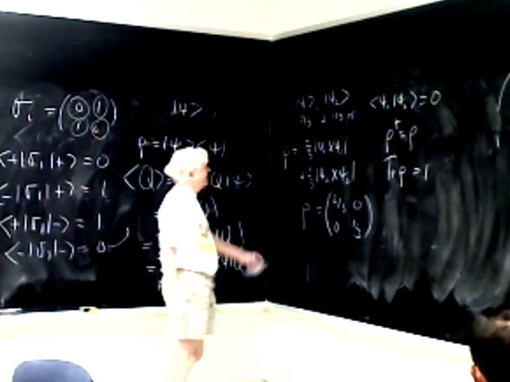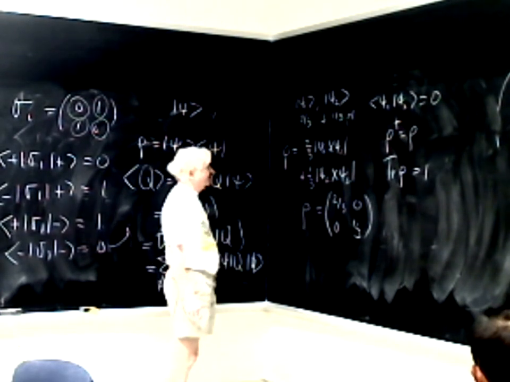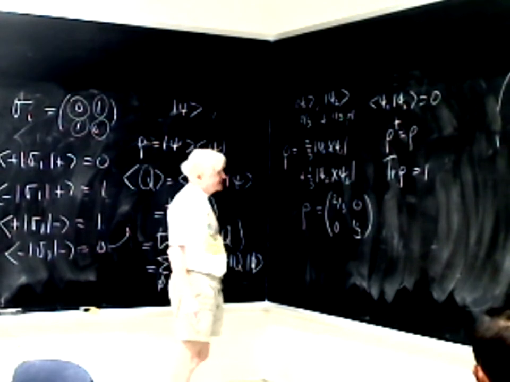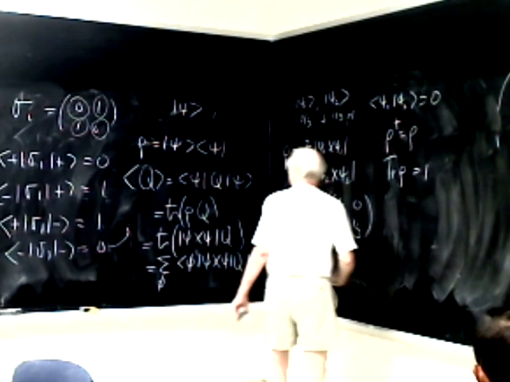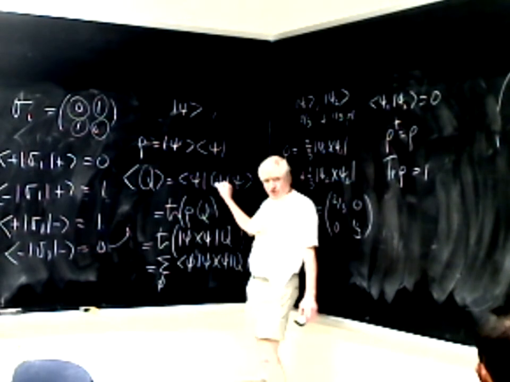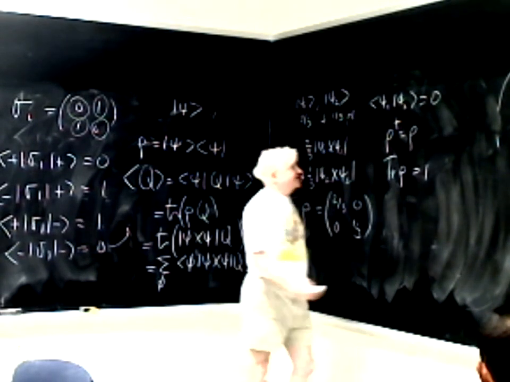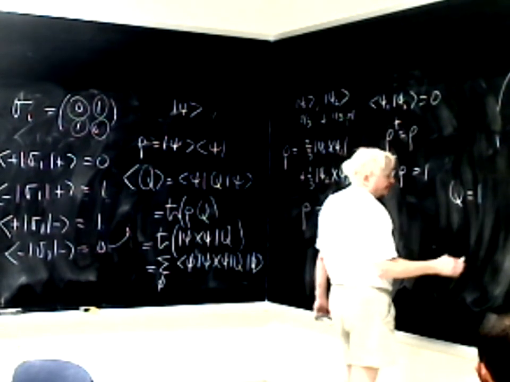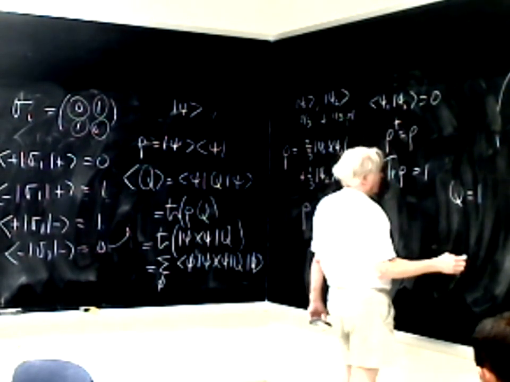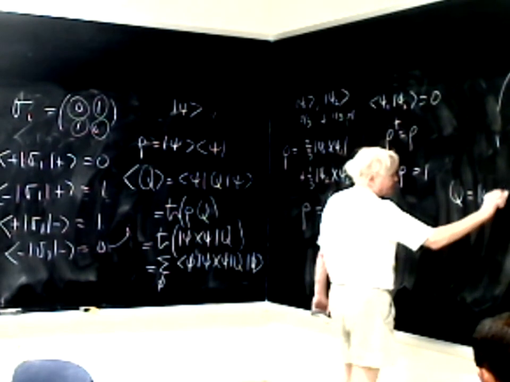Also, the eigenvalues are positive, and in fact, that's generally true because we could take as our operator Q the outer product of some state, I don't know, omega, say.